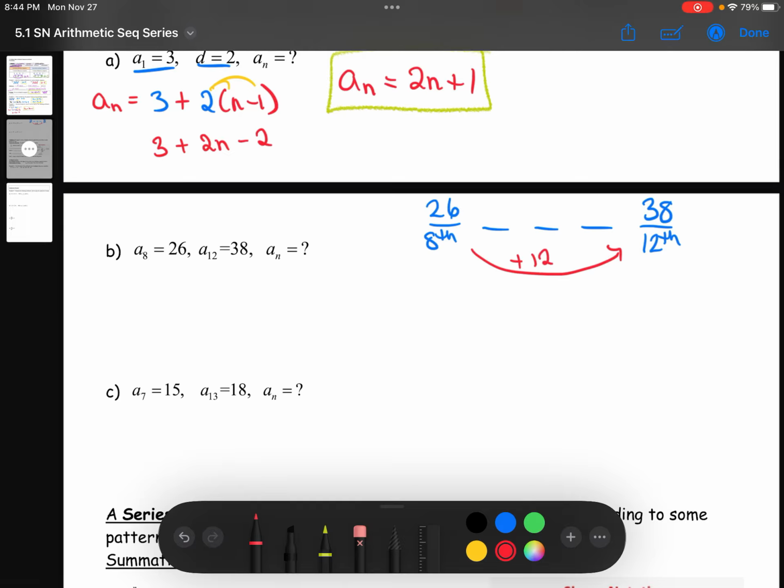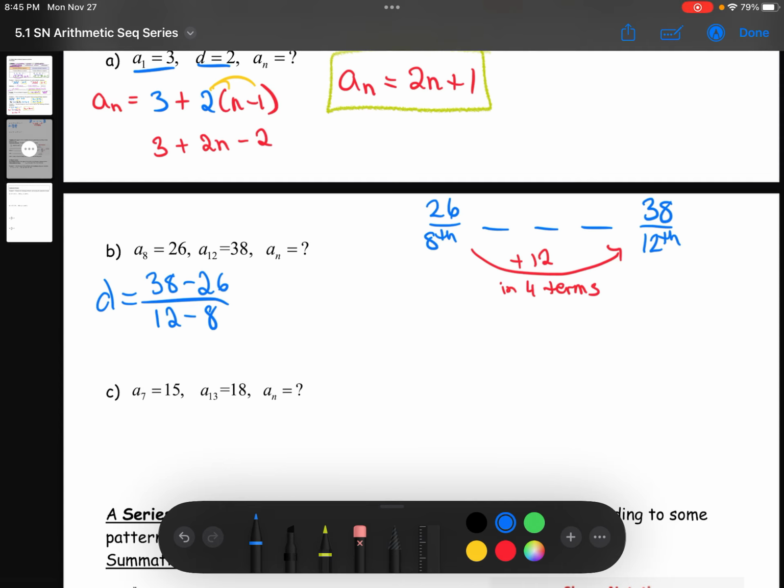Is that right? Yeah. We need to go up 12, and from the 8th term to the 12th term, that's in 4 terms. So that common difference is 3. It's 38 minus 26 over 12 minus 8.